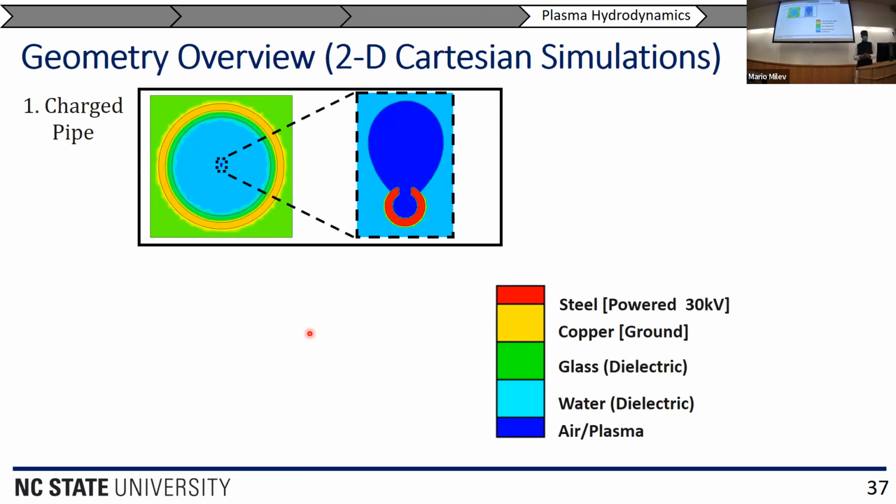The first geometry was, I think, our initial targeted geometry, which was having that pipe in the middle be charged where the air is coming in, and then having a ground, whether that be copper or something else, around that pipe, creating something like a wire to cylinder type electric field.